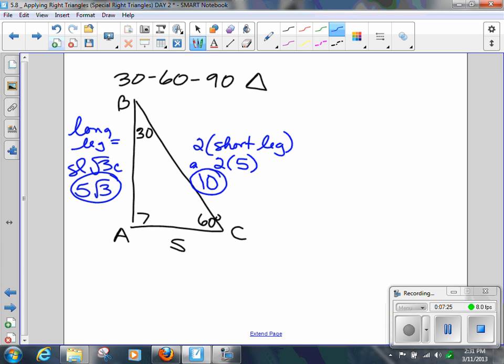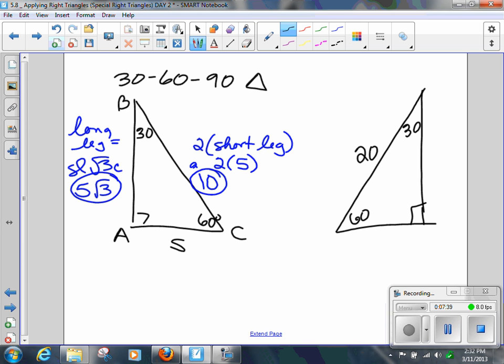Let's look at another 30, 60, 90. Sorry. Let's move this thing around, change the way it looks. What am I given? Am I given the hypotenuse, short leg, long leg? I'm given the hypotenuse. The hypotenuse is 20. If the hypotenuse is 20, what's the short leg? Where is the short leg?